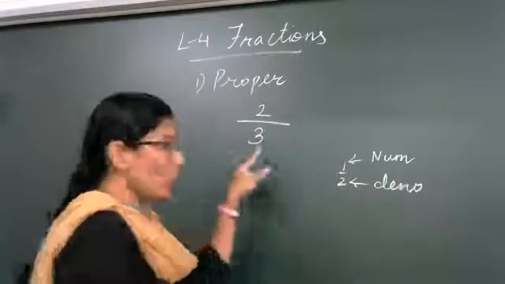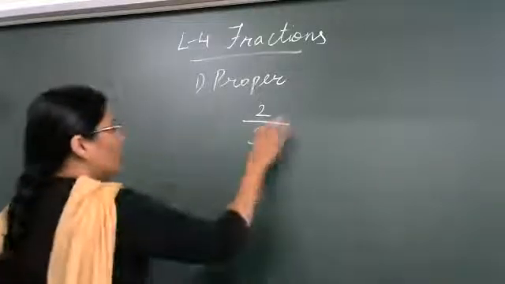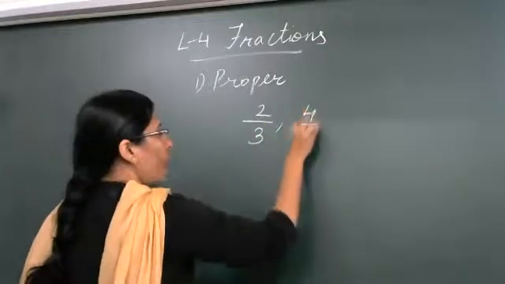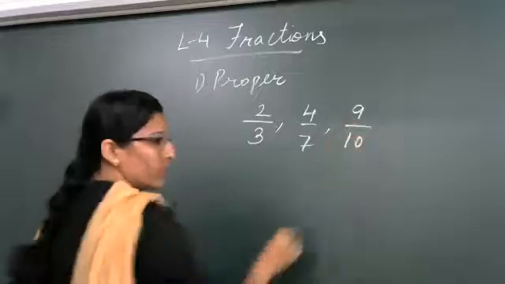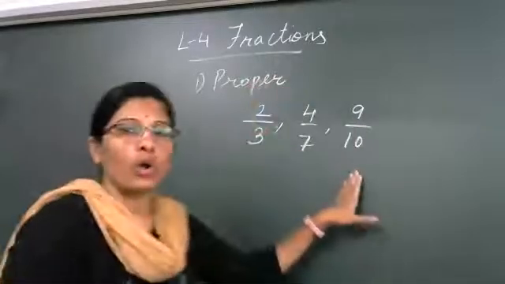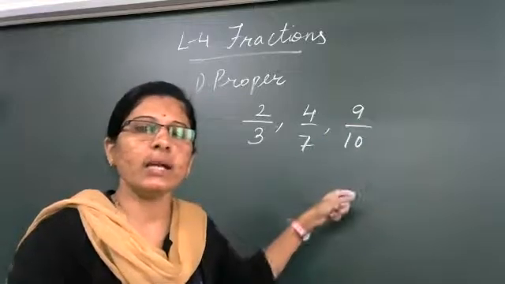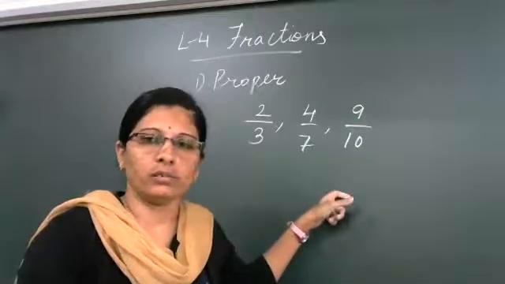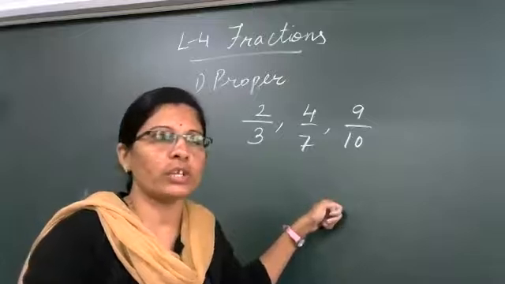So these are known as proper fractions, like 2 by 3, 4 by 7, 9 by 10. These all are proper fractions when the numerator is less than the denominator. Okay? Understood? Proper fraction?